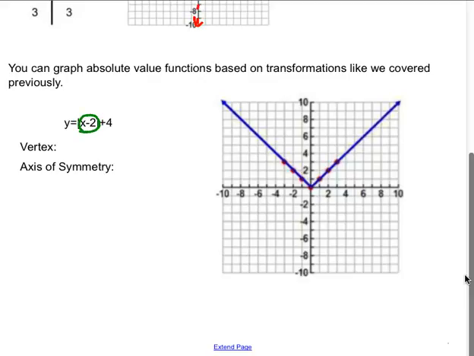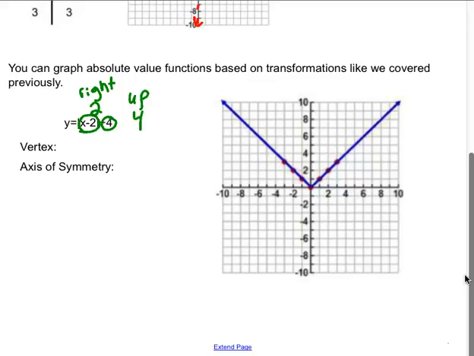You know that that's talking about a transformation right 2 and up 4. So looking at the equation, I can tell you what the transformations are. And now what you're going to do is you can shift that whole graph. You can translate the whole graph based on that.